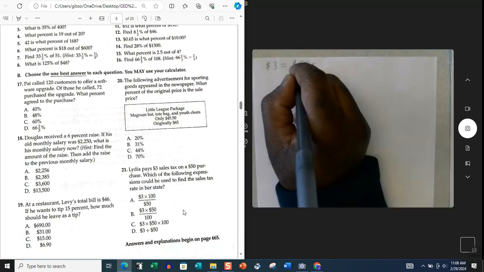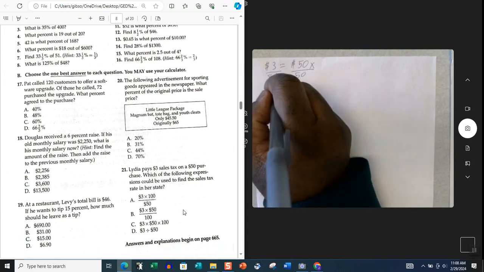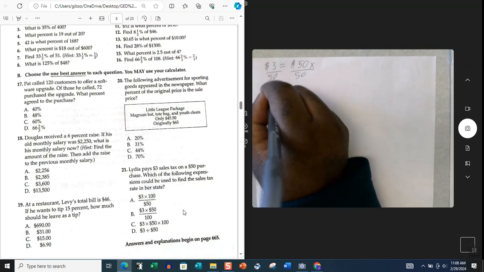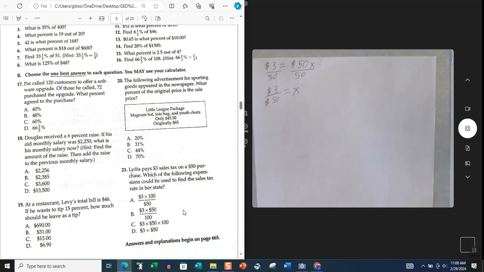Now we would divide each side by 50. So we would have $3 over $50 is equal to X. Now if you notice, we have nothing here that has just regular $3 over $50. We do have 3 times 100 over 50.